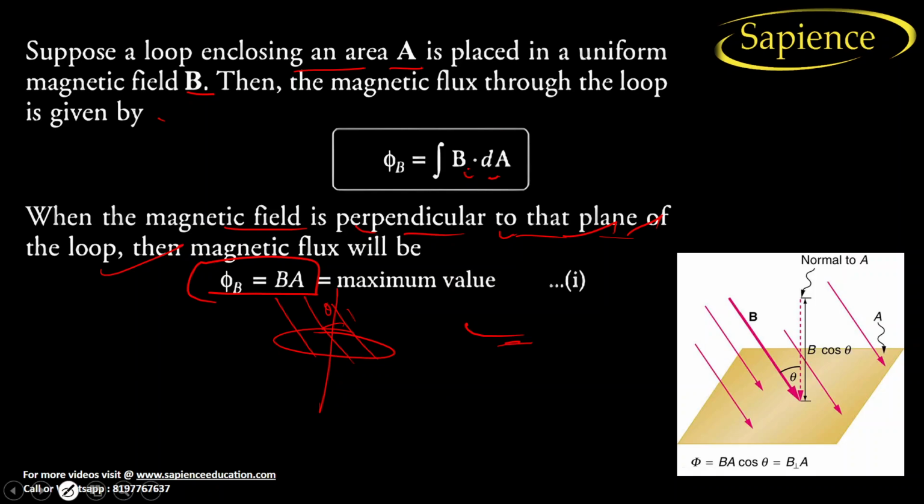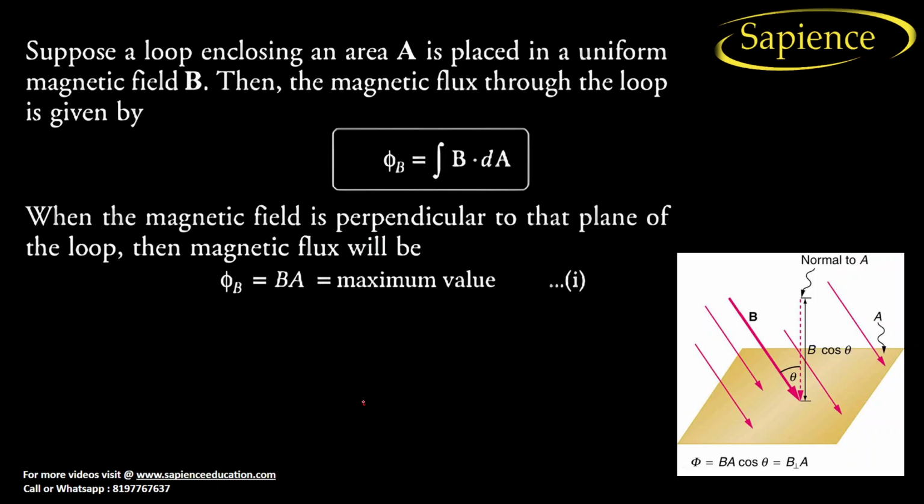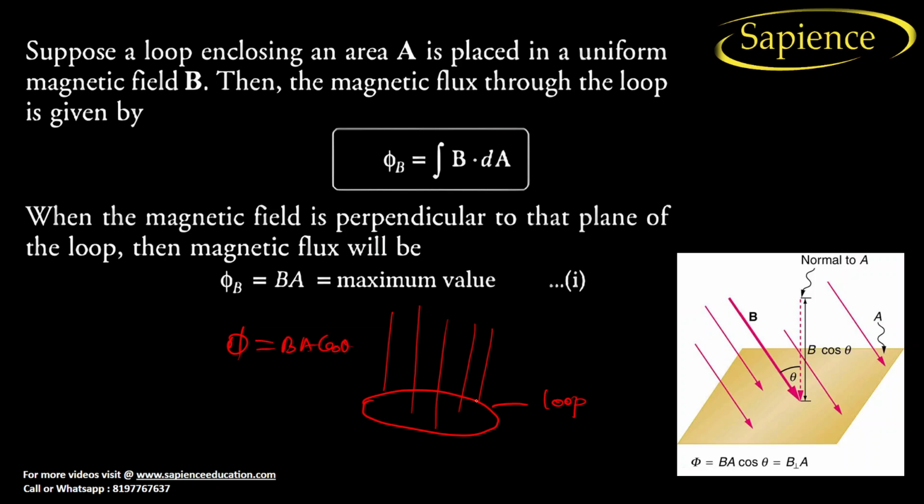You should always try to remember this. So let us consider this is a loop and the magnetic field is perpendicular. Then the flux will be equal to BA cos theta, where theta is the angle between area vector and magnetic field. So theta is here equal to 0, and the flux will be maximum.